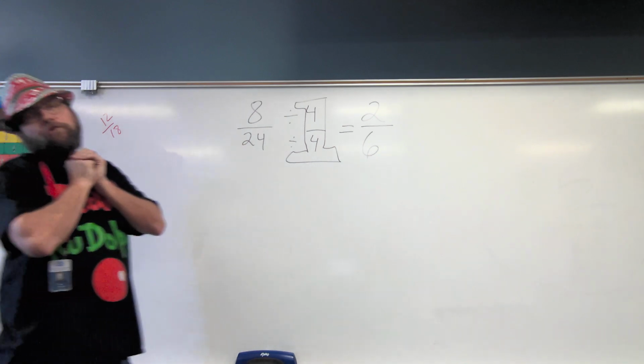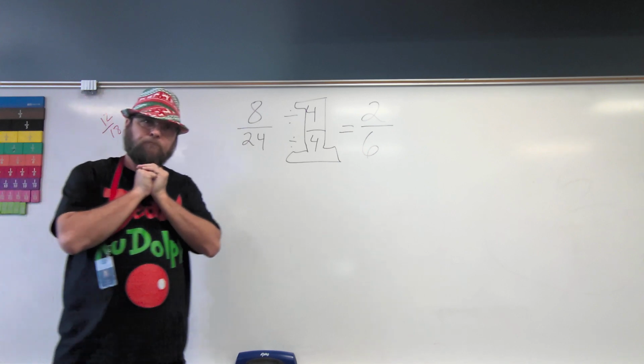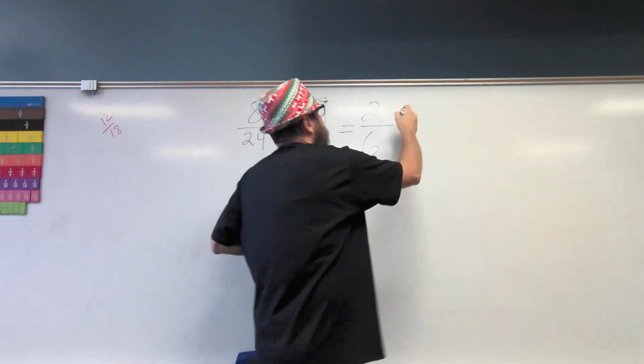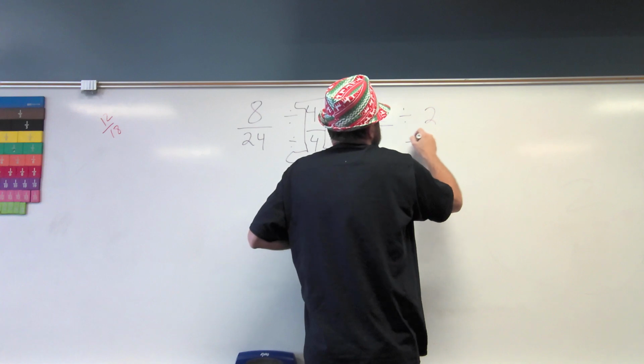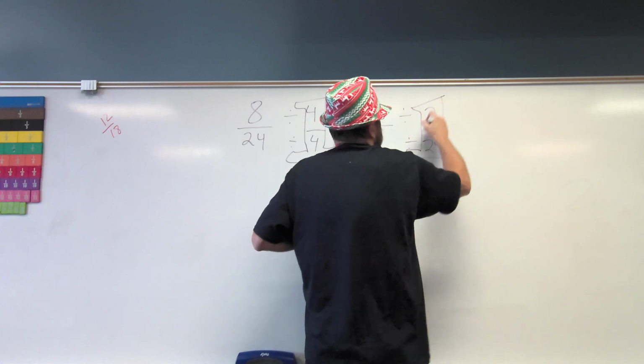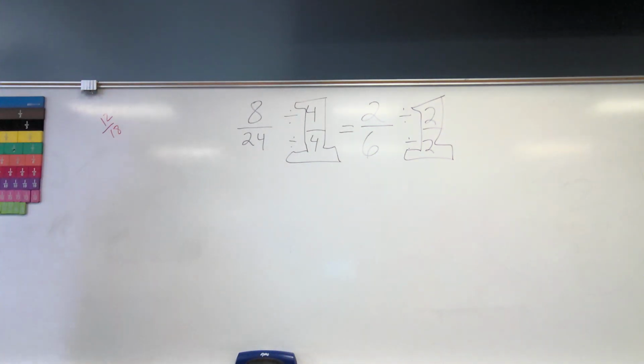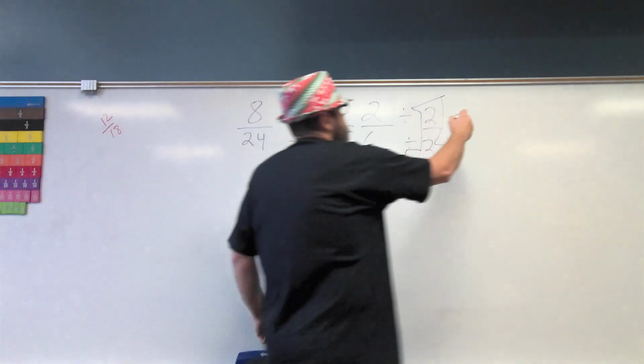No. What would you divide by now to simplify 2 over 6? 2. And again, it's 2 over 2 because we have to divide by a fraction that equals 1. And Kara, what is my simplified fraction? 1/3.